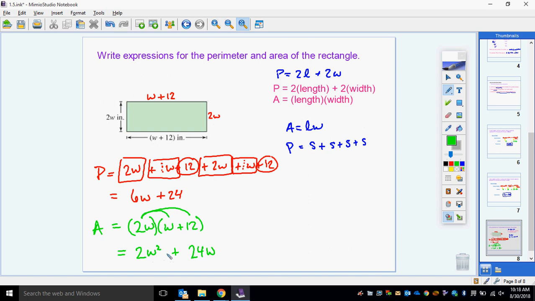These are not like terms. I can't combine them to make 26w cubed or whatever you think that might be, because while yes, they have the same variable, they don't have the same exponent. They aren't raised to the same power. So my final answer for area would be 2w squared plus 24w.